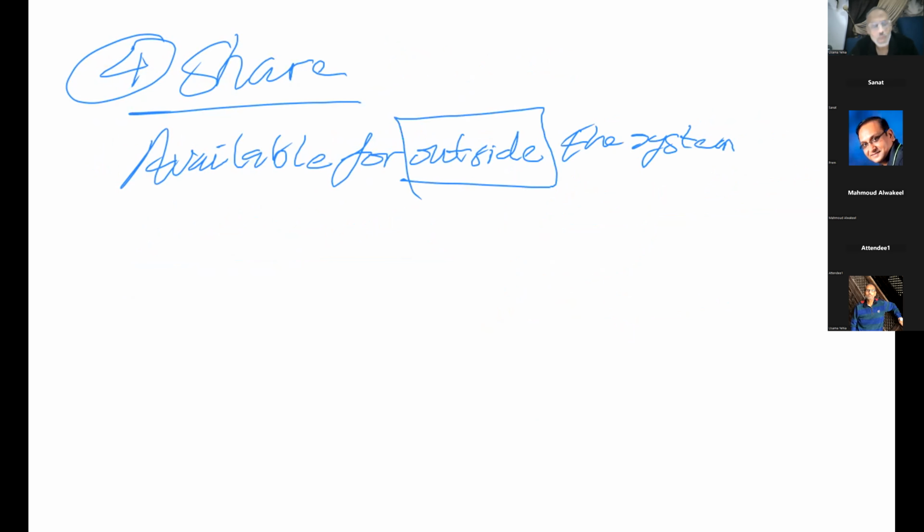This is right, but this is not the only definition, because it says outside the system. When it's outside the storage, it may be with a user who is inside the organization as well. So what he wants to say is that the data starts to be shared when it's not on the storage right now. It is not in the storage where we store it when it was created. Now this data can be with a user, with a partner, with a customer, inside or outside.